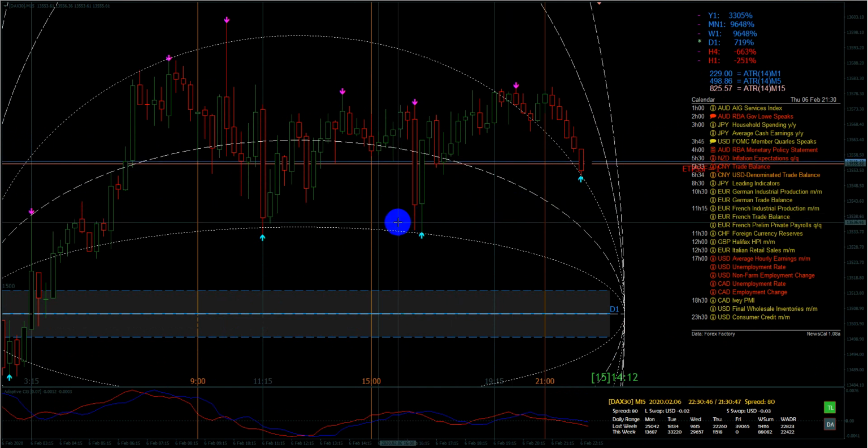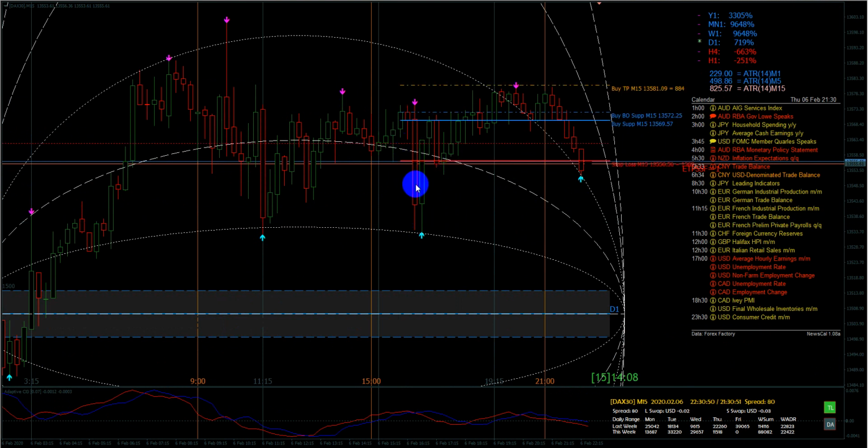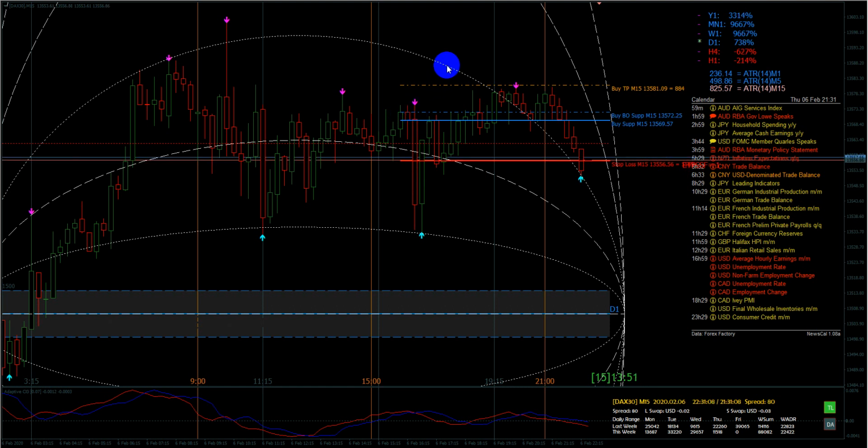Okay, so that was this candle right here. So I did this, and I figured out that it could be a good opportunity to get in, because there was a pretty big chance that the market would go up somewhere up there. So that's what I did.